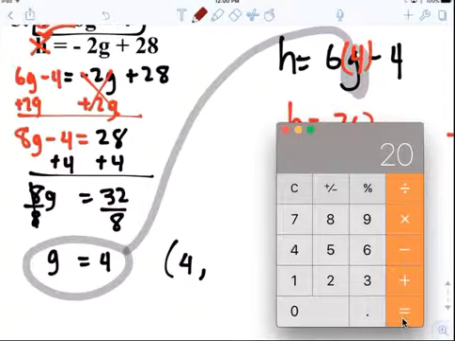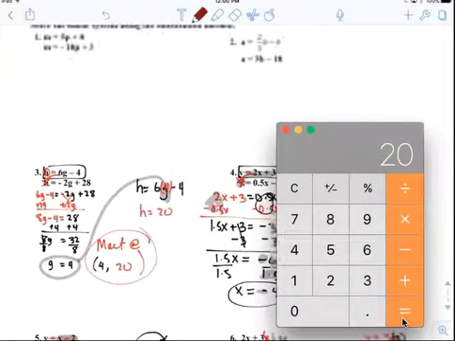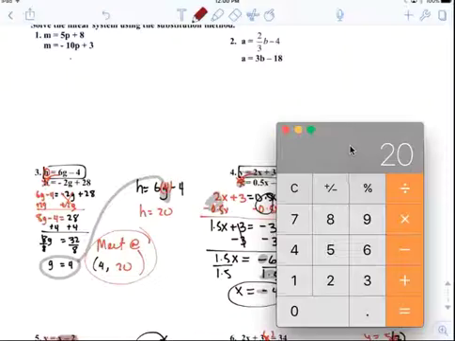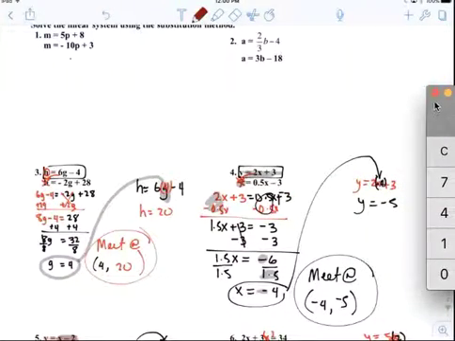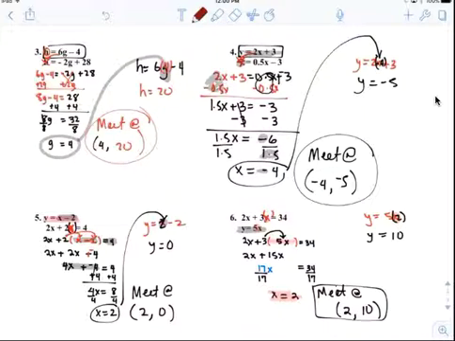So your answer is (4, 20). So they will meet at (4, 20). Okay, and you can do the rest on your own. That's how you do that on that last one. These are the 4. We finished pretty much a lot of the front. I'm still grading, so that's what I'm doing now.